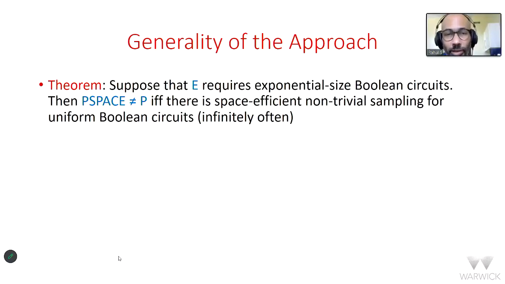If you assume that exponential time requires exponential-size Boolean circuits, which is of course a very difficult question, but morally different, perhaps easier, than proving NP not in P or PSPACE not in P, then under this assumption there's an equivalence between PSPACE not equal to P and a version of our algorithmic task. So not just does our sampling task imply lower bounds, but it's implied by lower bounds under derandomization assumptions.